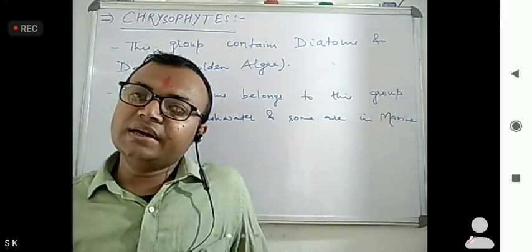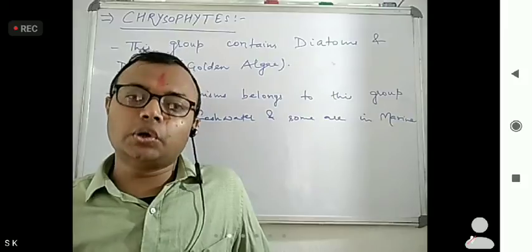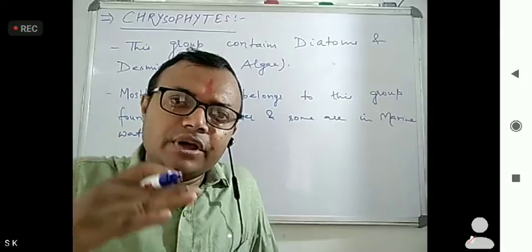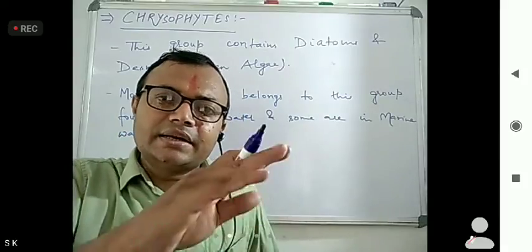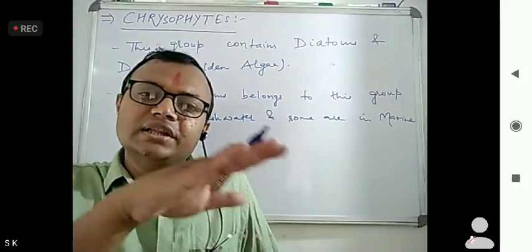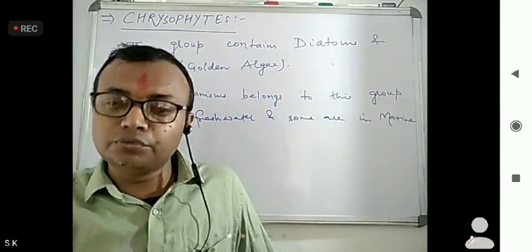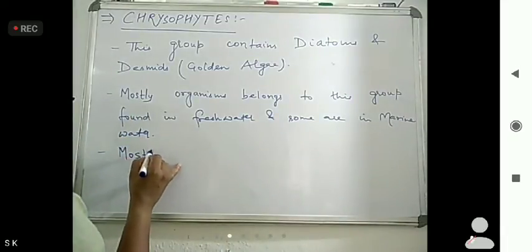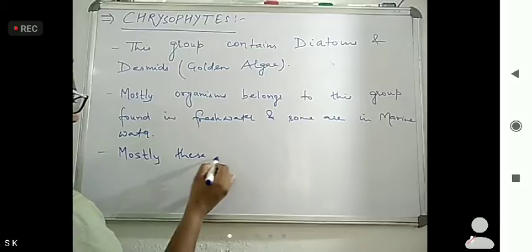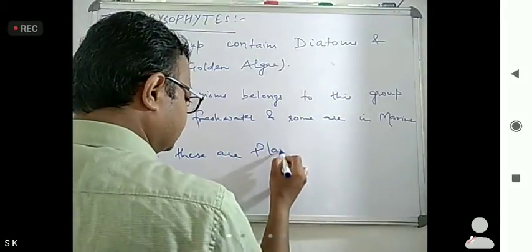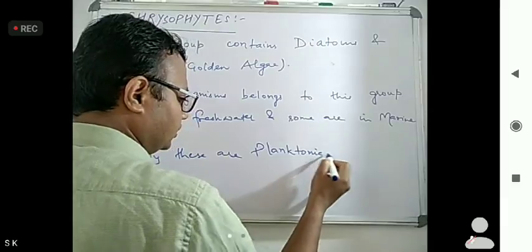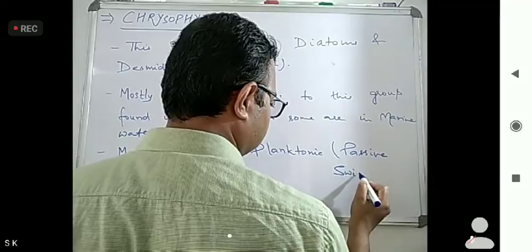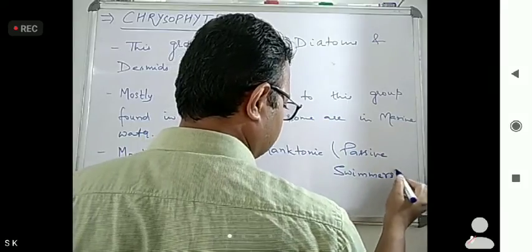Okay, now mostly they are planktonic. Planktonic means passive swimmers. The waves are going in that direction, and these organisms also move in that direction, so they are known as passive swimmers. So mostly these are planktonic, that is, passive swimmers.